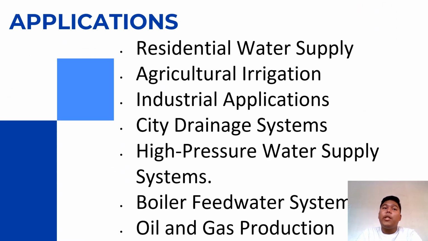So the applications: residential water supply, agriculture irrigation, industrial applications, city drainage systems, high pressure water supply systems, boiler feed water systems, oil and gas production. Kasagaran gyud magamit nato ni sa mga dagko nga mga companies nga needed sa ato ang community.